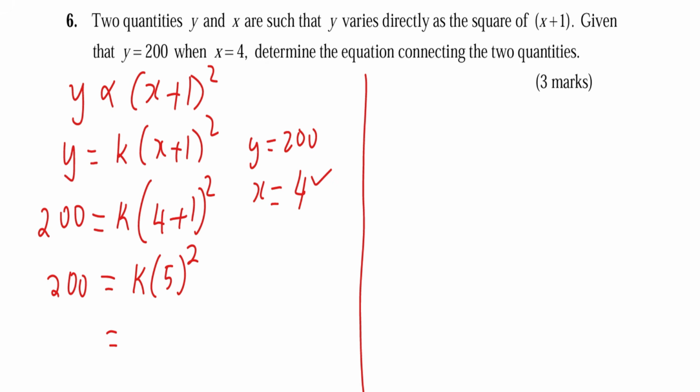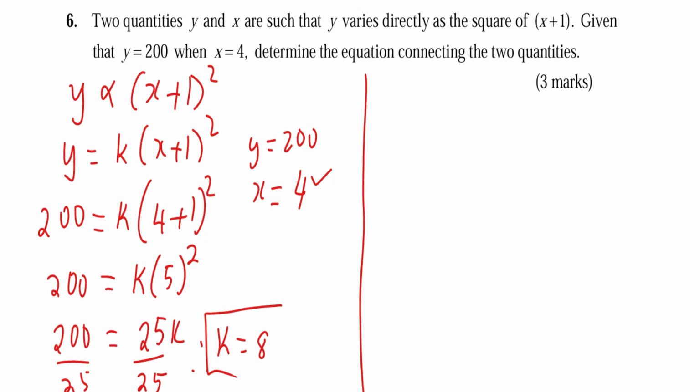So 5 squared is 25. So 25 times k is 25k equals 200. Divide by 25. K is equal to 8. So you have seen your k is that. So 200 divided by 25 gives 8. So k is 8.